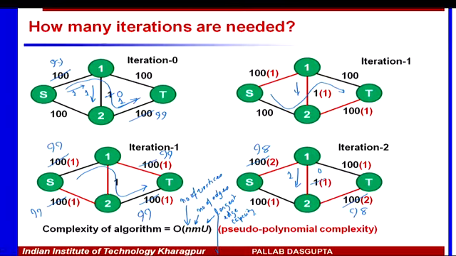He said that Dijkstra's algorithm is actually very similar to an algorithm called A star, which is used in artificial intelligence. But when we talk about Dijkstra's algorithm, we say it's polynomial time complexity. When we talk about A star, we say that it has exponential complexity.